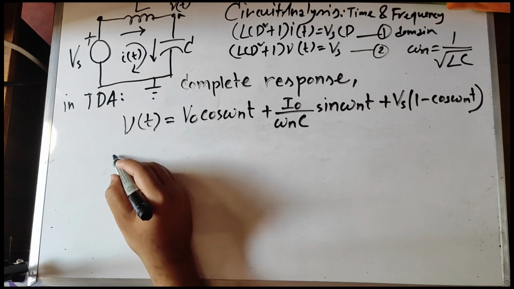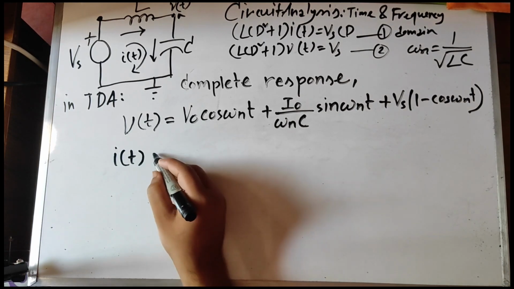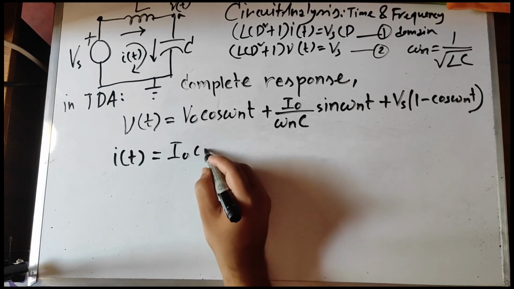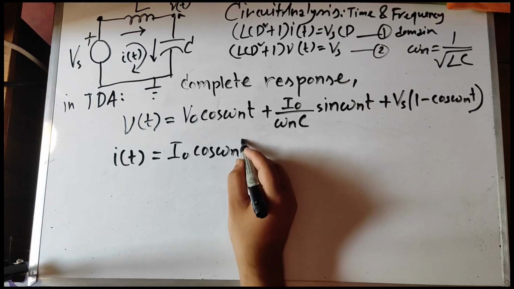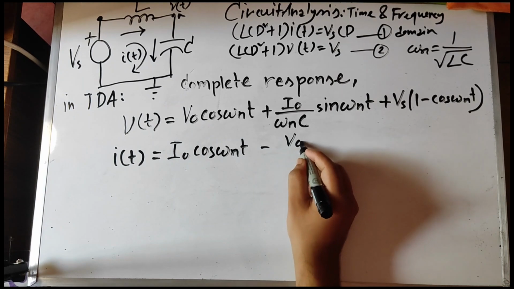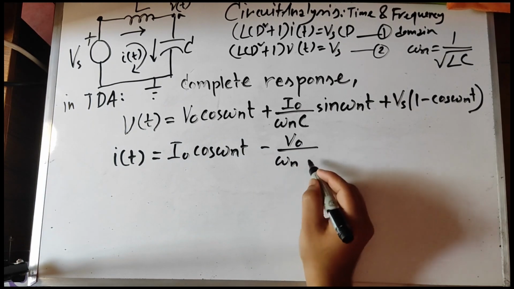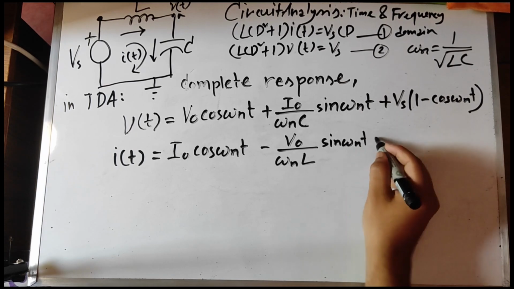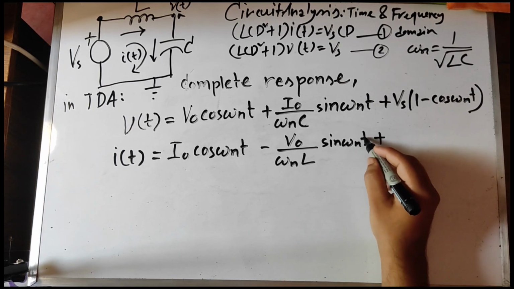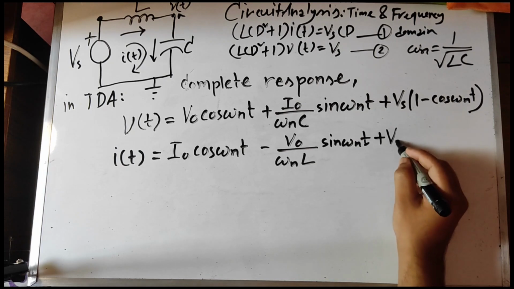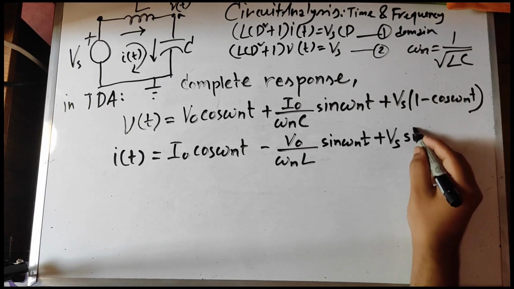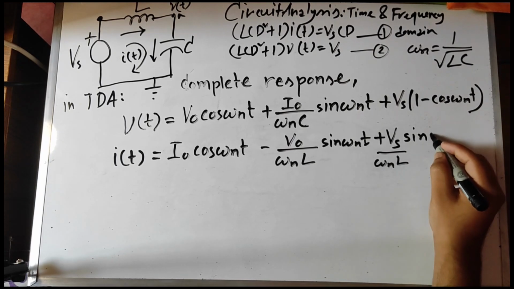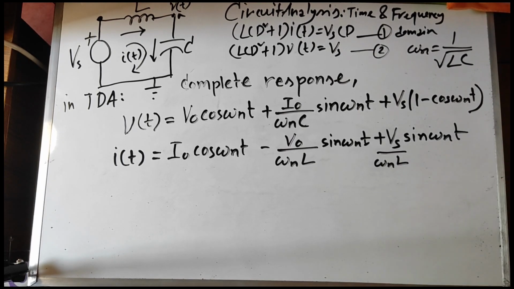And if you want to find the current response, it is initial current cos omega nt minus VO by omega n L sin omega nt plus Vs by omega n L sin omega nt.